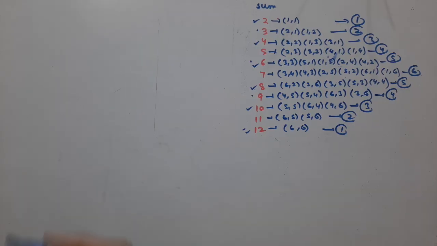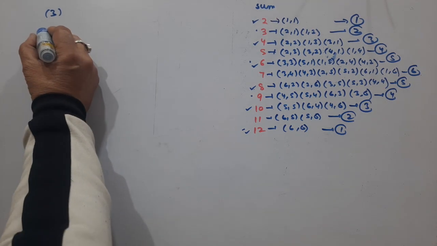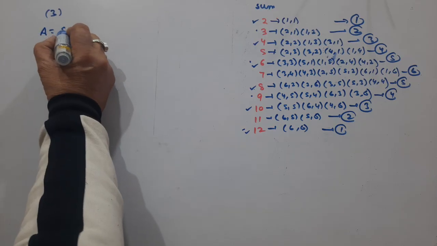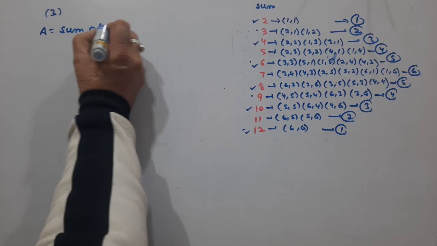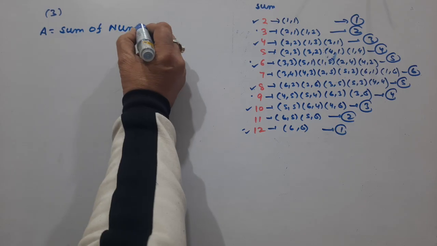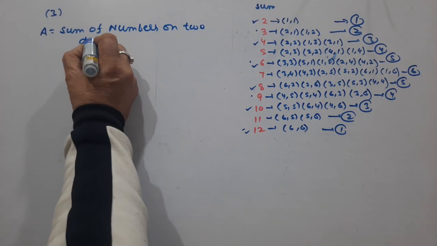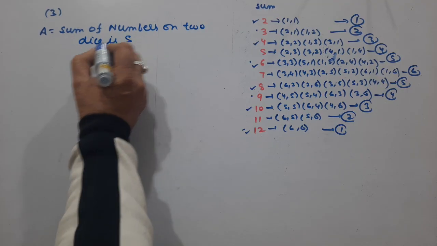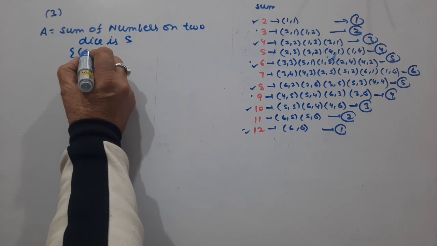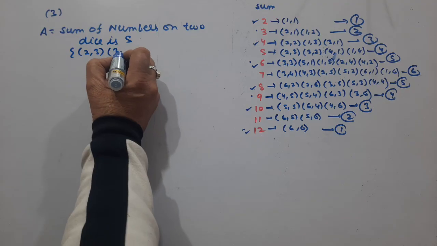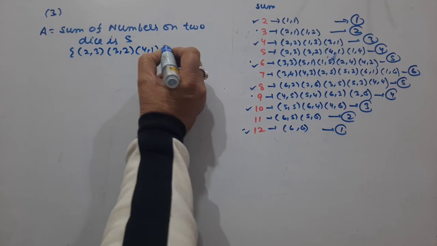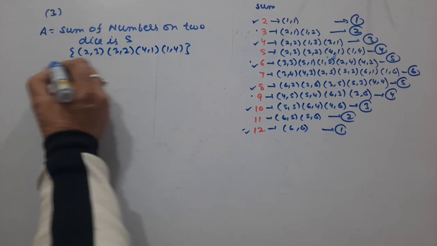Now students, sum number 3. Two dice are rolled. A is the event that sum of numbers shown on the two dice is 5. So here we can take 2 3, 3 2, 4 1 and 1 4.